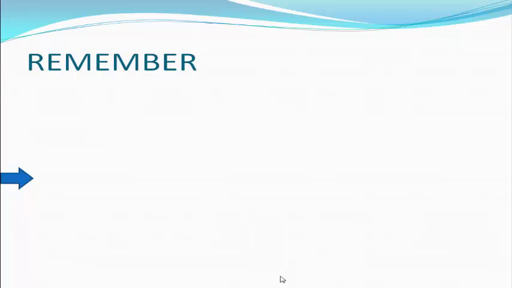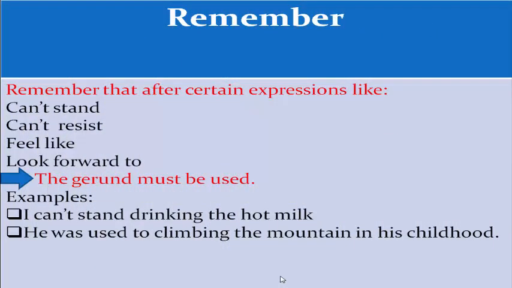And remember that after certain expressions like can't stand, can't resist, feel like, look forward to, as we have in the lists, either verbs or adjectives with prepositions or verbs with prepositions, the gerund must be used, which means the second verb must be used in the gerund form.